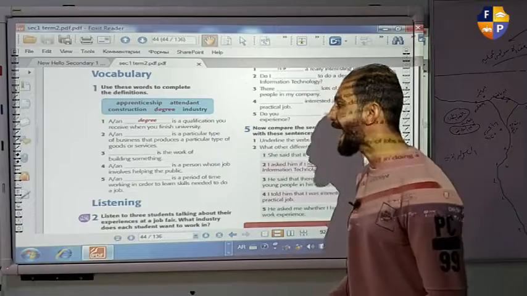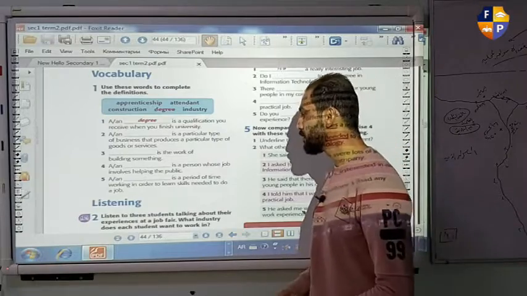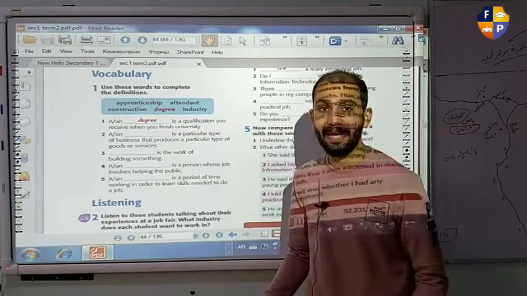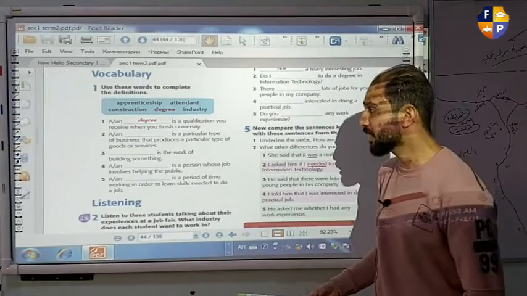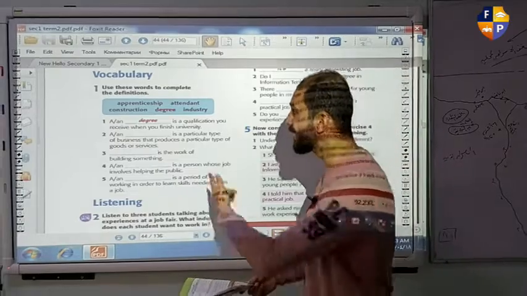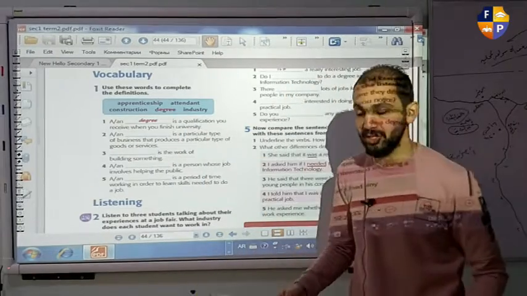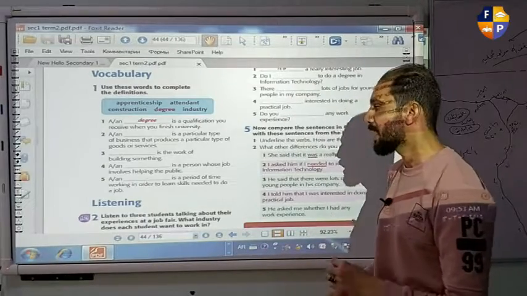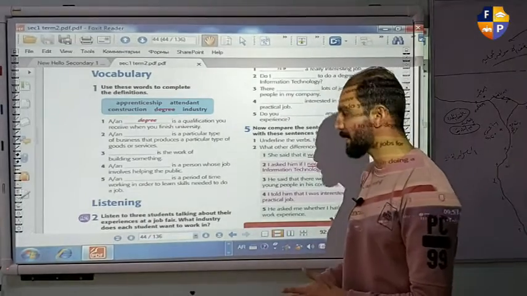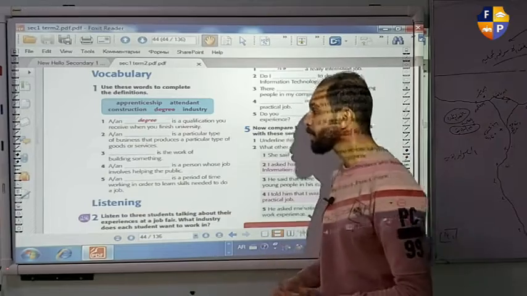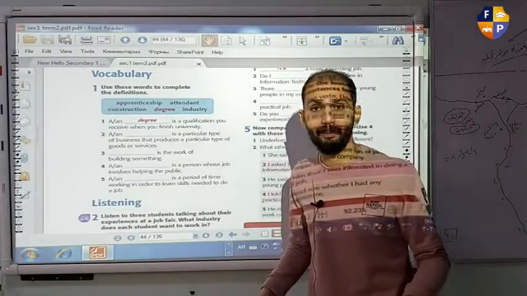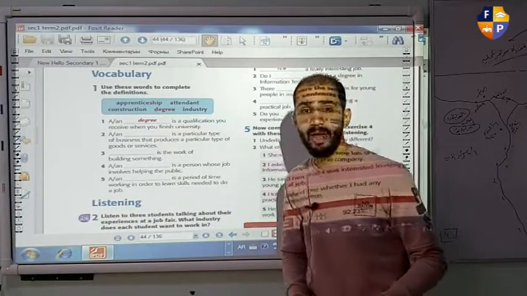Number 4, a or an space is a person whose job involves helping the public. As we said here, it's exactly attendant. Okay, the last one, a or an space is a period of time working in order to learn skills needed to do a job, which is apprenticeship.